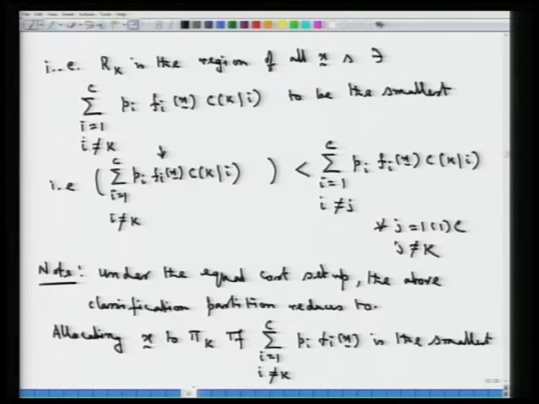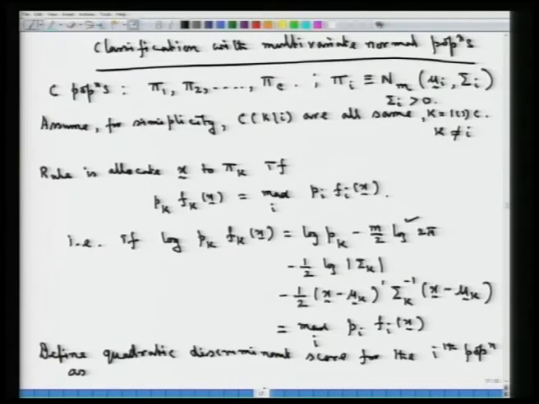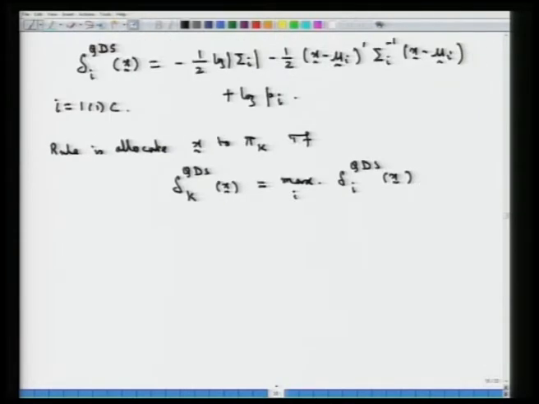Then R_k would be the region of all x such that this term is minimum. If the C_ki cannot be taken to be the same, we have to look at this expression and find for which value of k the quantity in this summation is the smallest. But we have chosen for simplicity that the cost structures are the same, and hence the entire classification is going to be based on the quadratic discriminant score.